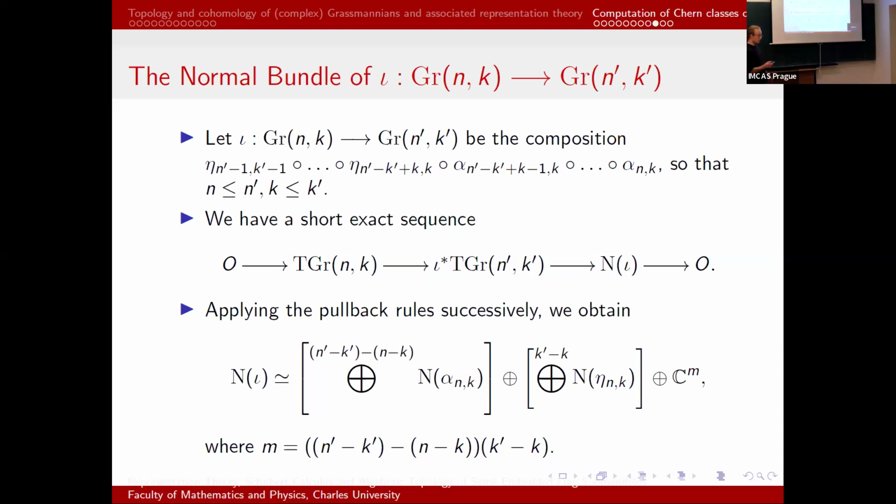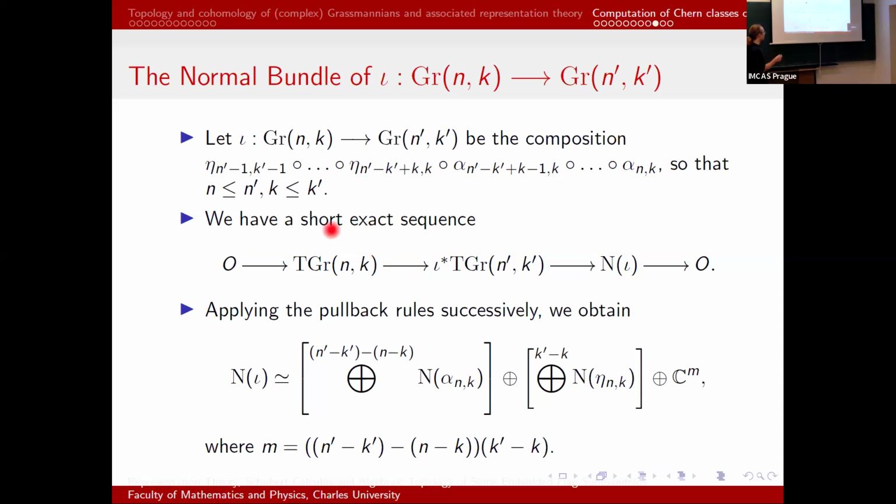These maps commute, so we can assume that we first go a few steps down in the lattice by the maps alpha, and then we go a few steps to the right by the maps eta.